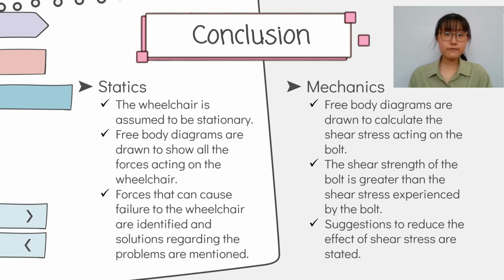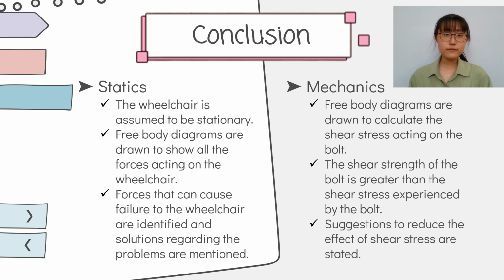To sum up, we have investigated the wheelchair by applying the knowledge of statics and mechanics that we have learned throughout this semester. The wheelchair is assumed to be stationary for us to perform equilibrium-based analysis. Free body diagrams are drawn to show all the forces acting on the wheelchair.